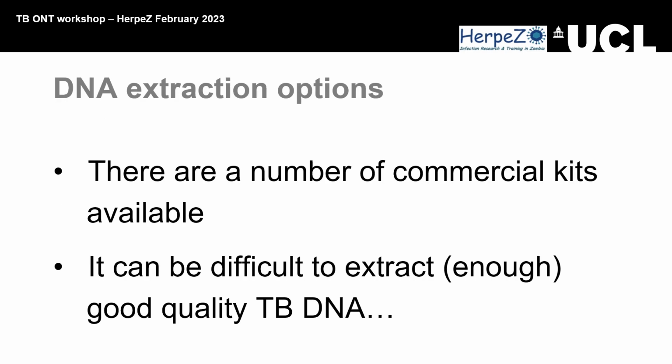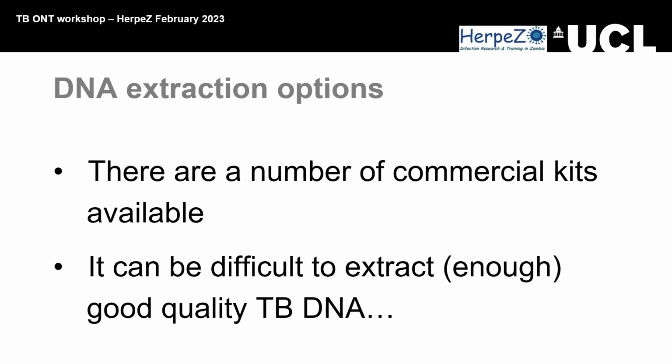Then, DNA extraction options. We have a number of commercial kits, the Qiagen kits and Zymo, that we use for extractions, but those are not good enough for extracting TB. I've not tried extracting MTB using the kits, but I don't know how good they are.